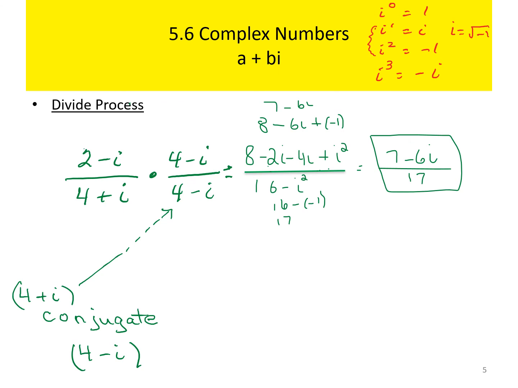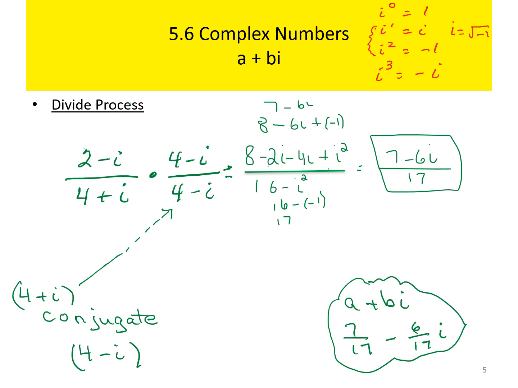So another way of writing this is 7 over 17 minus 6 over 17 i. And that is in the true form of a plus bi. So either one of these is right, and if it's a multiple choice question, understand that the answer could be written in either one of these formats.